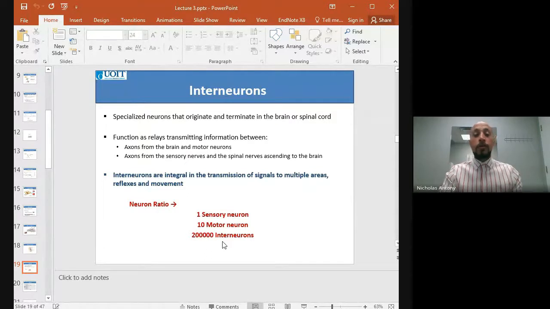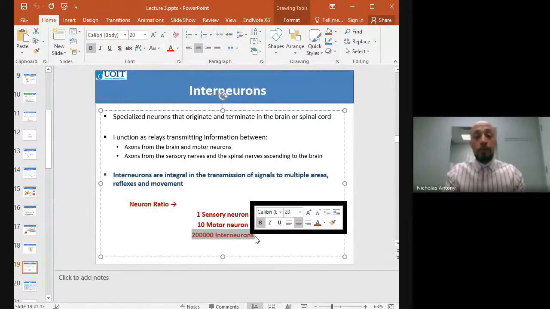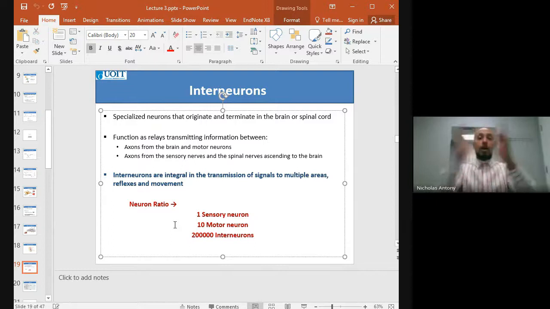So the interneurons are in between sensory and motor neurons, or in between motor and motor neurons, and they just allow for relaying the signal to different areas. So if you look at the ratio, look how much significantly more interneurons we have. That means signals are constantly being sent all over the place and interacting with other parts of the neurological system. And it's through this number of pathways, because there's so many connections, that we're able to process so much information.